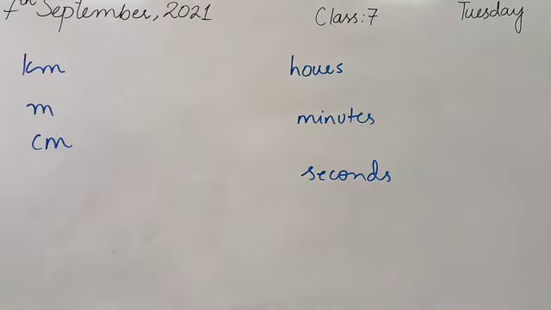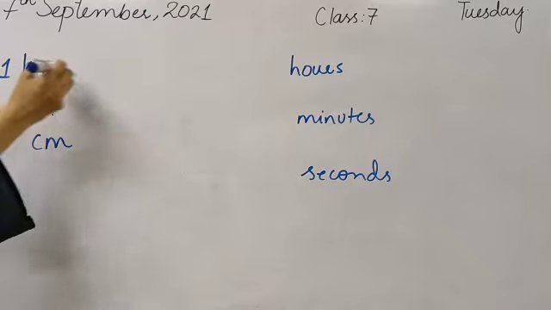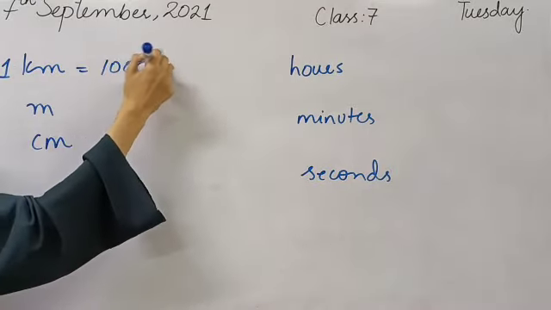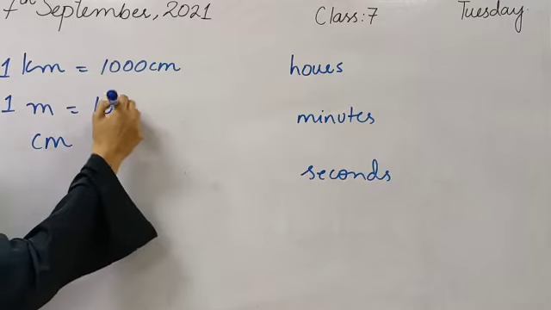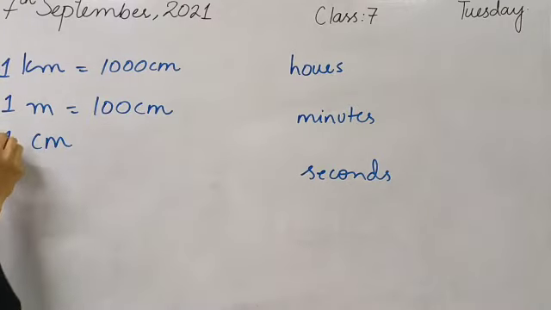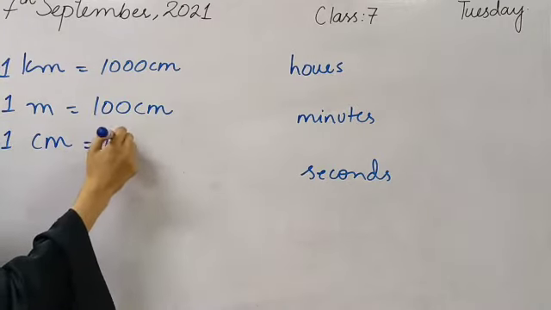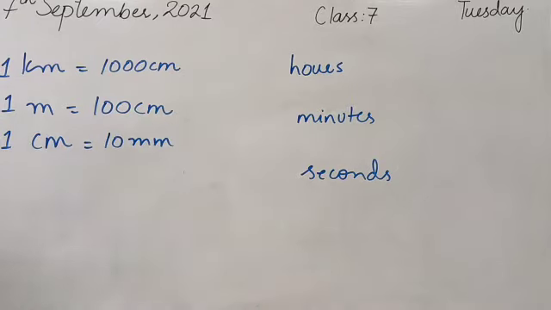Okay. 1 kilometer is equal to 1000 meters. And how many centimeters are there in 1 meter? Good. 100 centimeters. And 1 centimeter contains 10 millimeters.